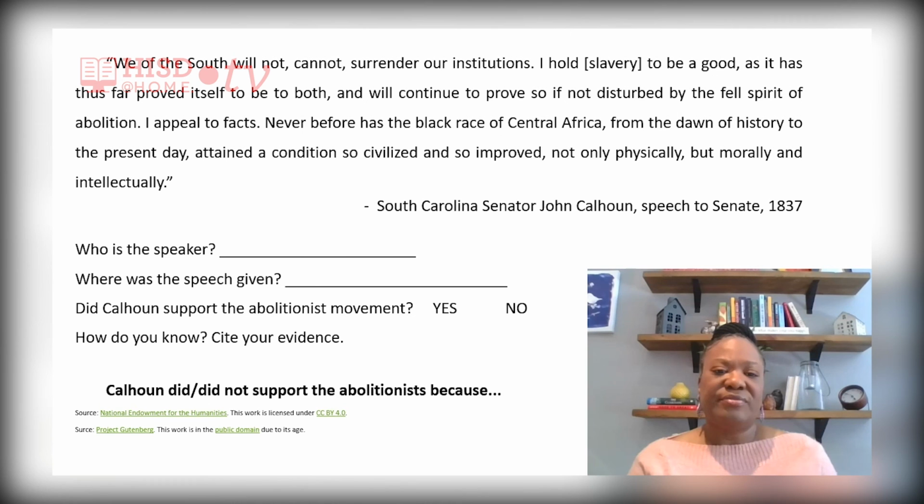So not only did he not support the abolitionist movement, he was a full supporter of slavery. We know this because of the speech he gave. So John Calhoun did not support the abolition movement because I think we just answered that.